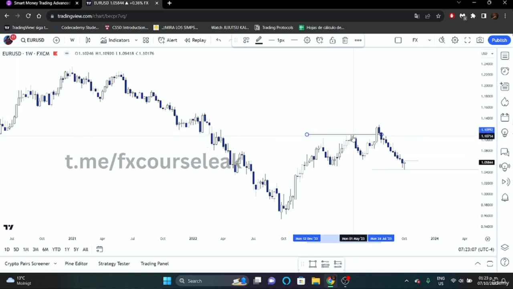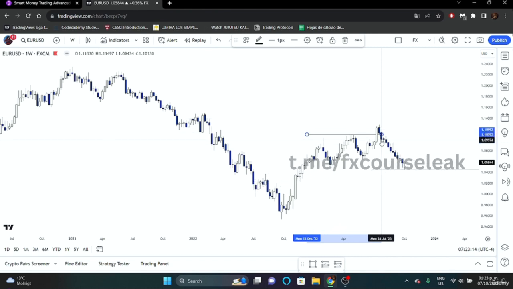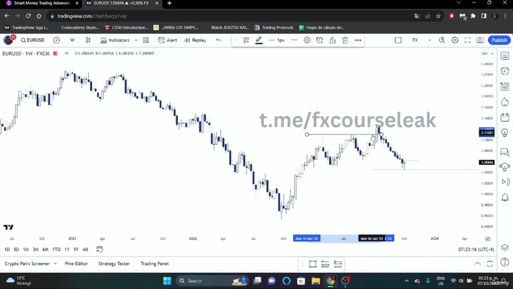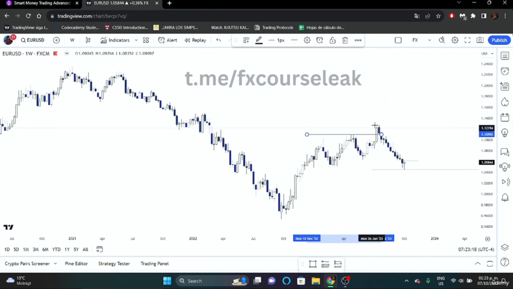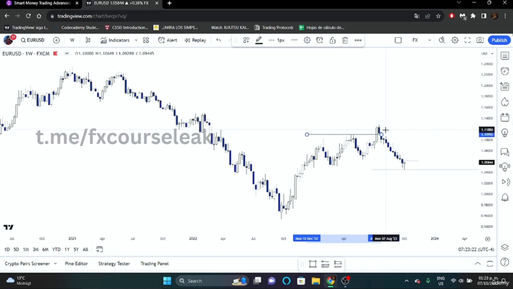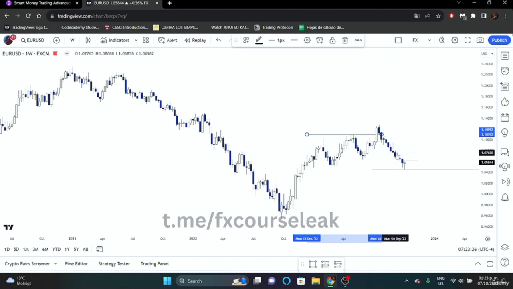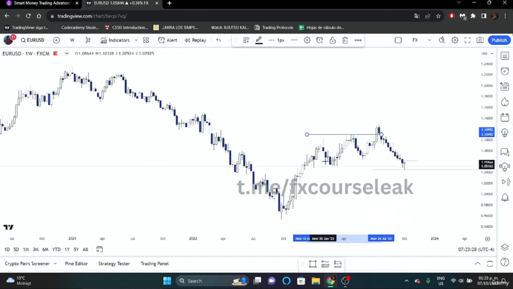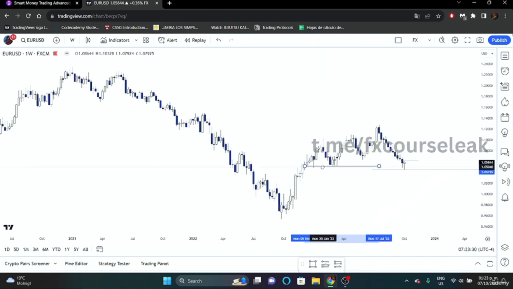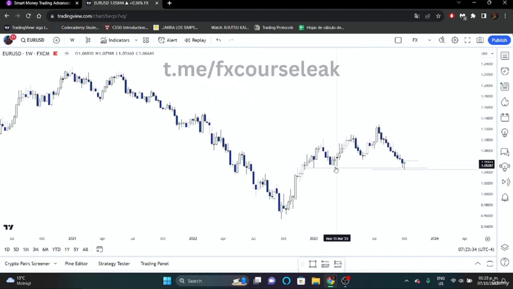Swing high, swing high, swing high, we go down into the ranging market again, and this was just a deviation of the ranging market. We have a deviation of the range, we go back inside the range, and we go down. We could assume this could be one of those scenarios in which we take the bottom of the range.